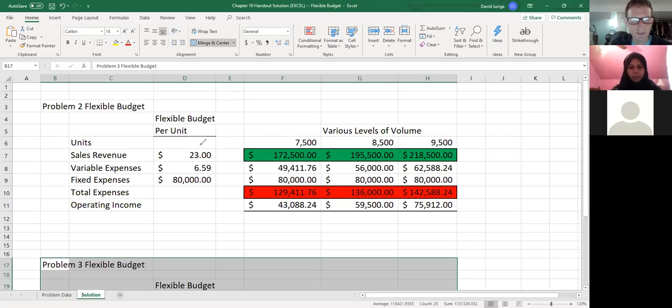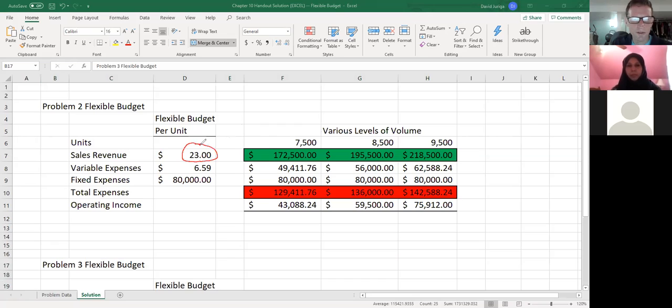That's just taking your $23, which is your sales revenue per unit, and multiplying it by your units. You got 7,500 units times 23 is 172,500. You then take the same number and multiply it by 8,500 units, and you're going to get 195.5. And then do the same thing, multiply it by 9,500 units, and that's going to give you your sales revenue.